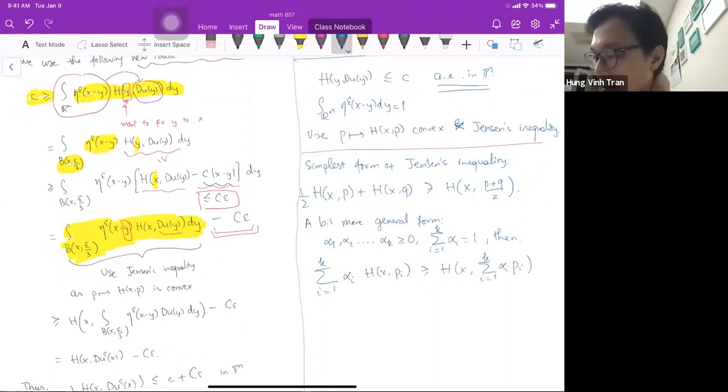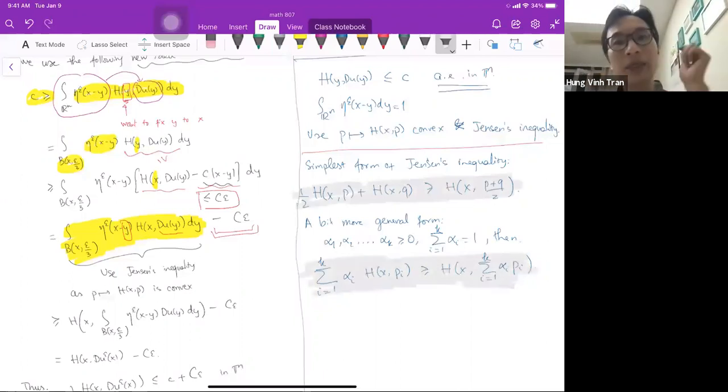So that's the next form. Let me highlight them. The first form was this sort of just convexity form. The second form, that I'm highlighting here, is a little bit more general. It involves that if you take a convex combination of the Hamiltonian, it's going to be greater than the Hamiltonian of that convex combination.